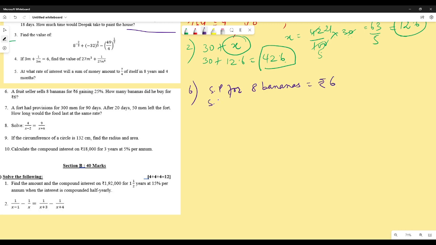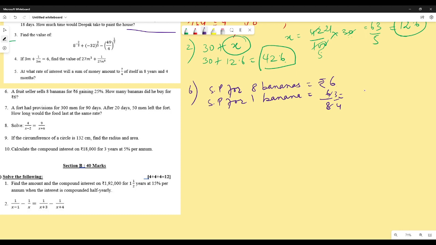So let us first find out SP for 1 banana, right? SP for 1 banana will be equal to 6 by 8.